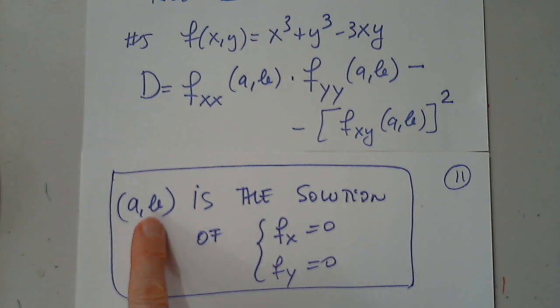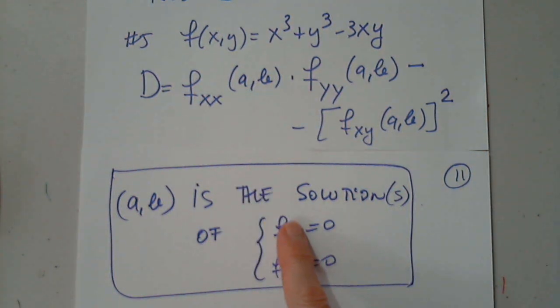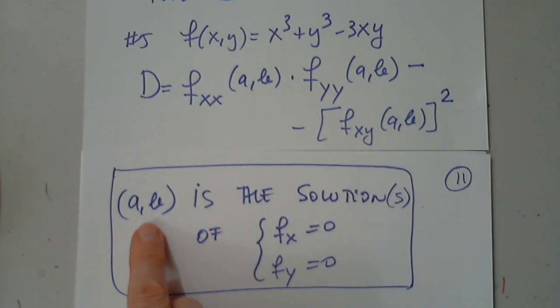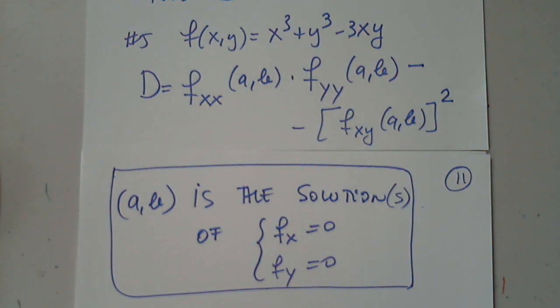And once we determine the solution or solutions, they can also be solutions of the system. So we determine fx, we set it equal to 0. We determine fy for that function, we set it equal to 0. We get points or a point, and then we plug this in, and I'll tell you what we need to do with that value.